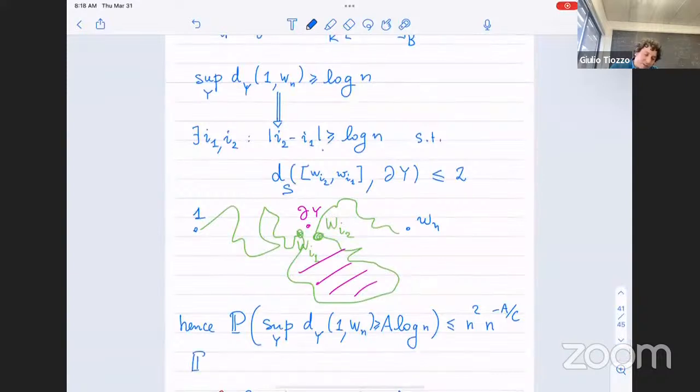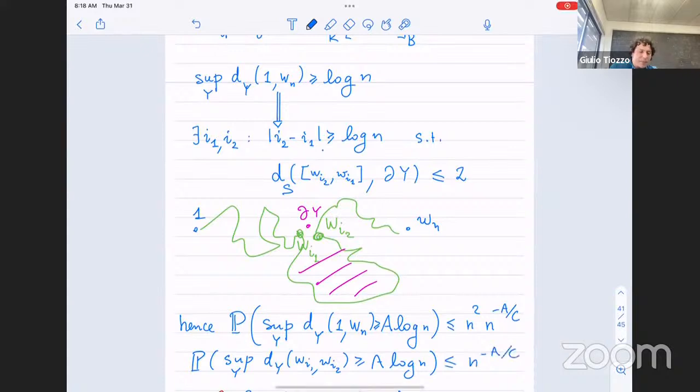So you say the probability that the supremum over y of d_y is bigger than the log is less than n to the minus a over c. So you see, with the supremum, you control all the projections at once. That's kind of the nice thing.